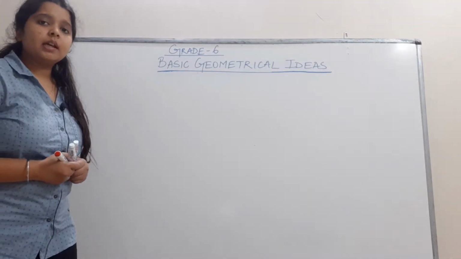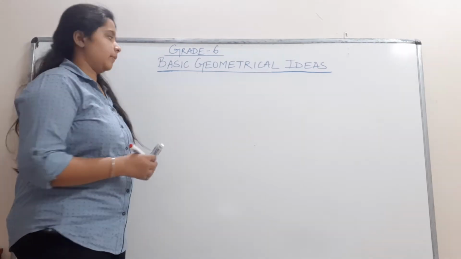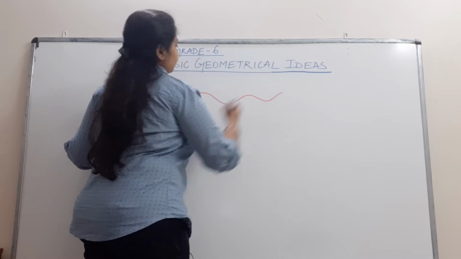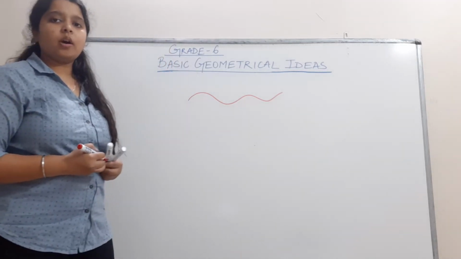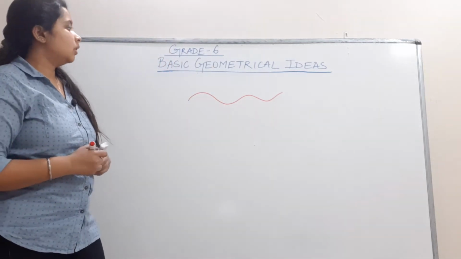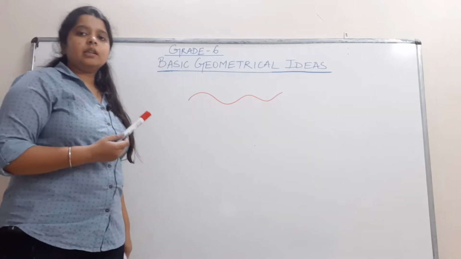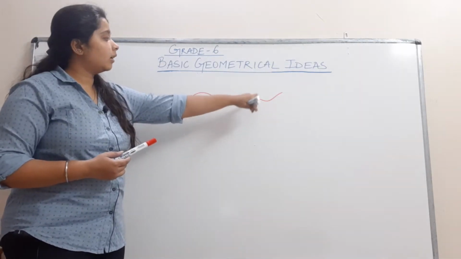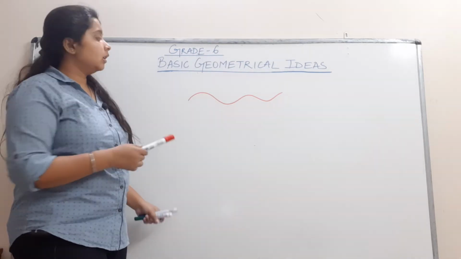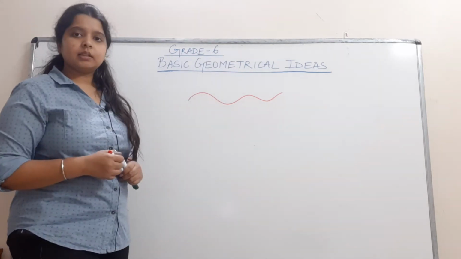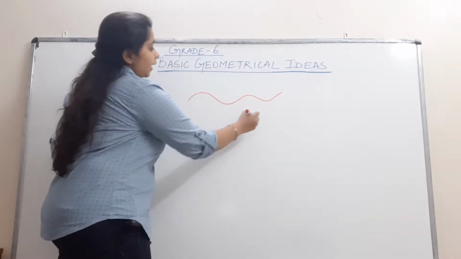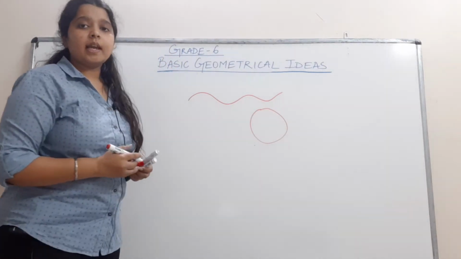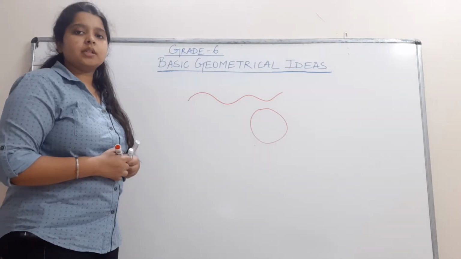Now students, observe what I am writing. I have drawn a wavy structure without lifting the marker, right? I have not lifted the marker while drawing this. Similarly, I draw this. While drawing this as well, I have not lifted the marker.